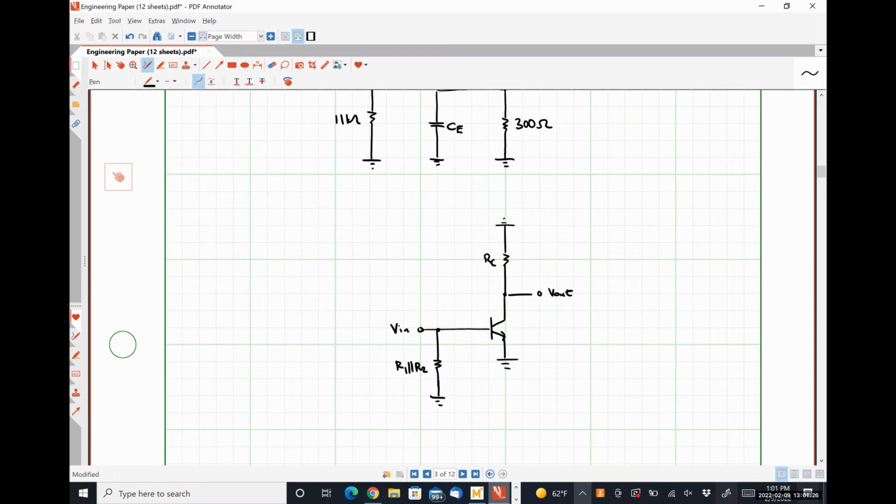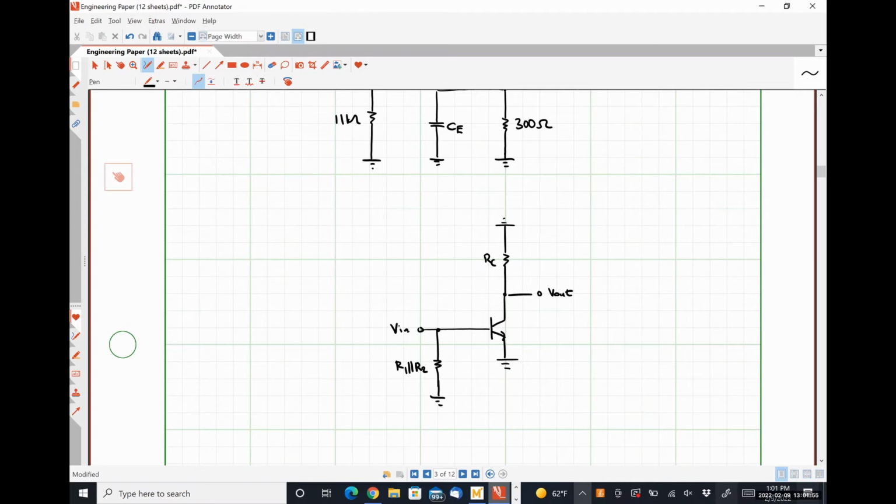So what does this look like? Is this one of the fancy permutations of our common emitter amplifier, or is it one of the simple ones? We don't have any emitter degeneration, right? We have a resistance tied to our base, but we don't have a voltage divider circuit for this one, right?